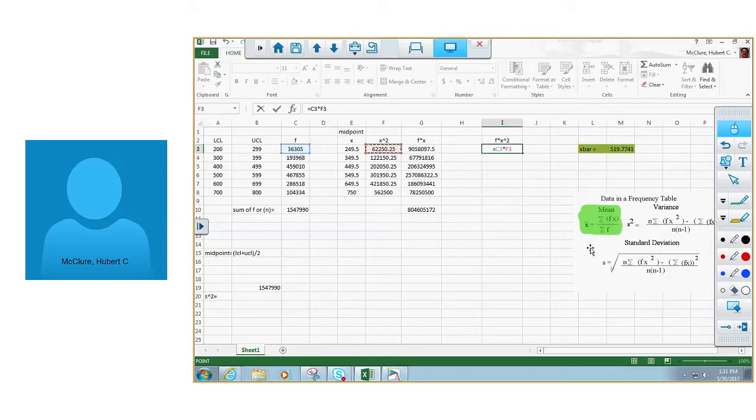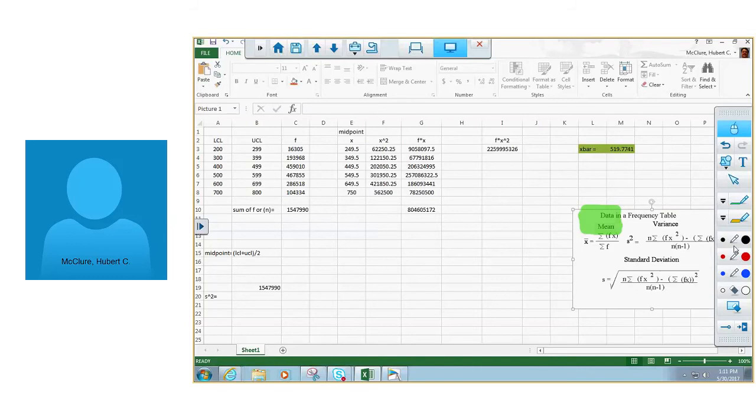The formula says, first thing you do is find N. Then the second thing you do is find F times X squared and then add it up. And if you're not following along with me, I'm right here.